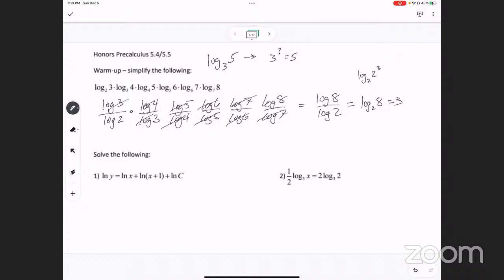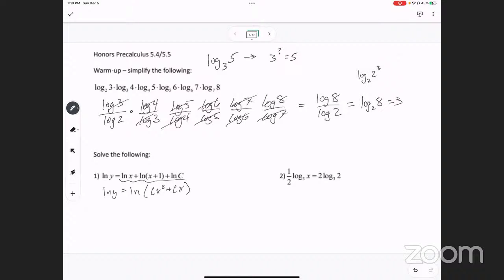Solve the following. All right, so we're trying to solve this. Well, we're going to have to combine these together. So this is ln of y equals, remember how I combine them? I can multiply all these together. This equals the ln of cx squared plus cx, right?